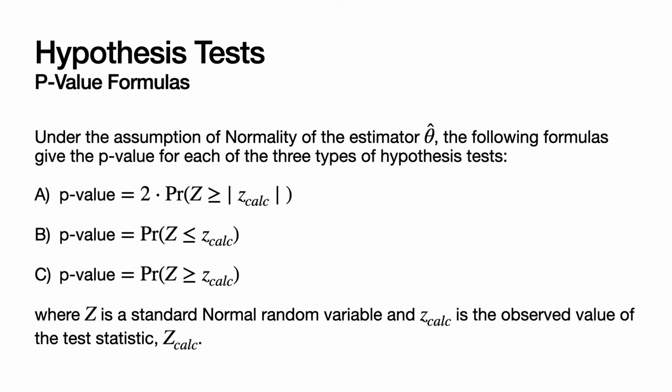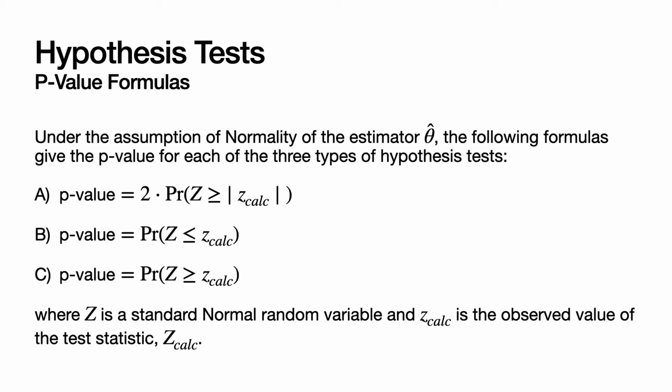Again, under the assumption of normality of the estimator theta hat, the following formulas give the p-value for each of the three types of hypothesis tests. So for the two-tailed test, the p-value is equal to 2 times the probability that z, where z is a standard normal random variable, is greater than or equal to the absolute value of little z calc, where little z calc is the observed value of the test statistic capital Z calc.